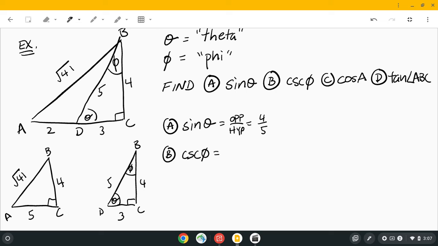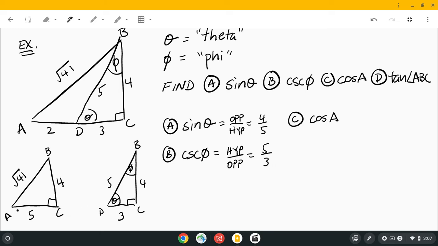Cosecant is the reciprocal of sine, so that's going to be hypotenuse over opposite. Here is phi, so hypotenuse is 5, and opposite is 3.